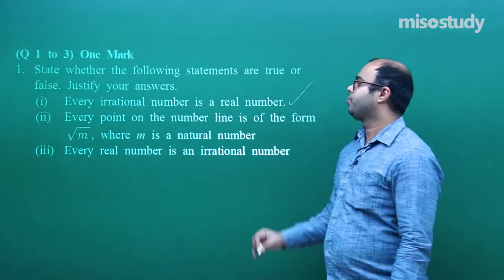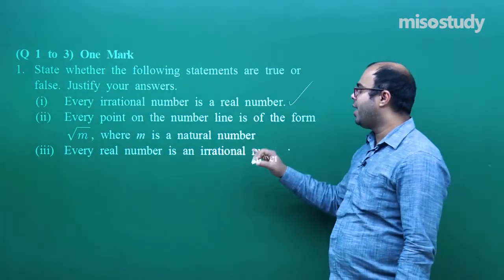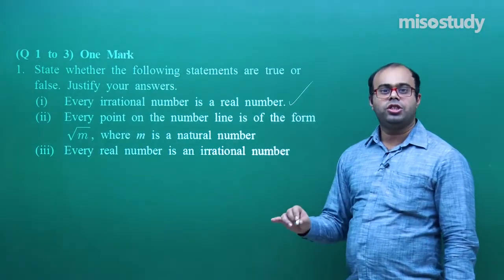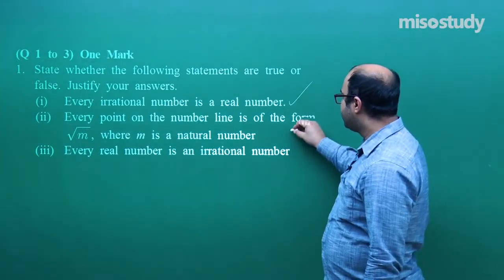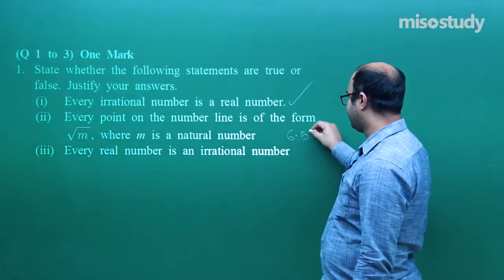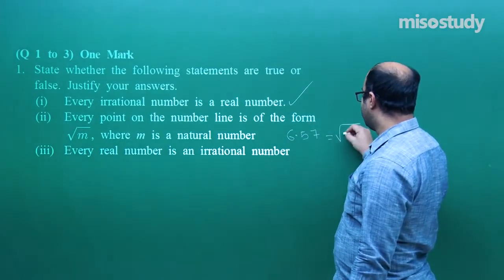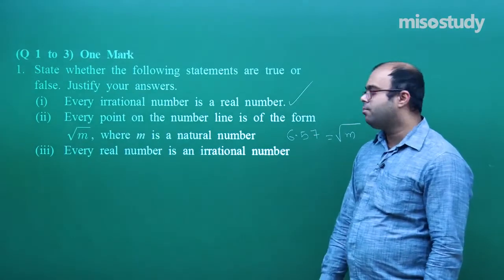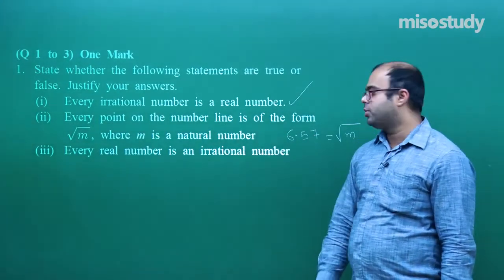This is true. Every point on the number line is of the form root over m, where m is a natural number. This is not true because if we suppose we are taking a number 6.57, can we write it in the form root over m, where m is a natural number?